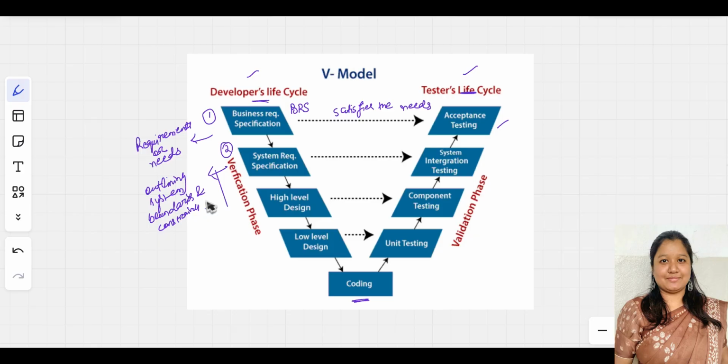On the validation side, you can see that the requirements of the V model are verified through system integration testing. So what does system integration testing do? It ensures the entire system behaves as expected. It ensures that whatever technical perspective we are implementing or integrating should behave or act as expected.